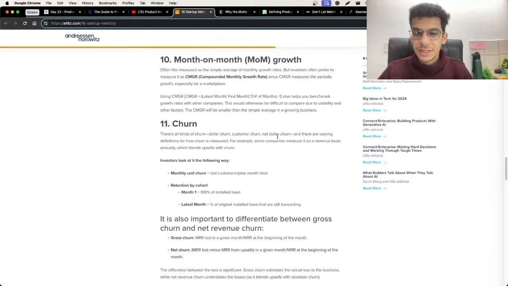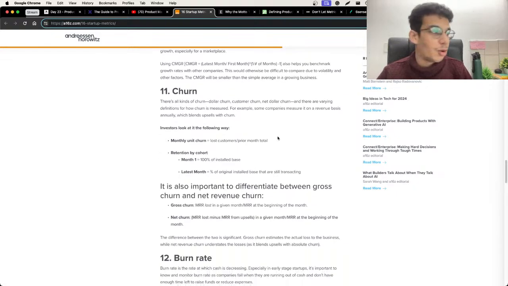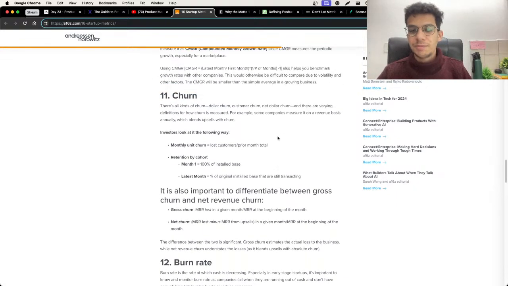But yes, investors are looking for the churn rate over a period of time, and how much net dollar churn you are receiving, per customer on average. So these are some things you can look at as a product team, because product teams ideally are not responsible for the dollar figures, business goals or sales targets.